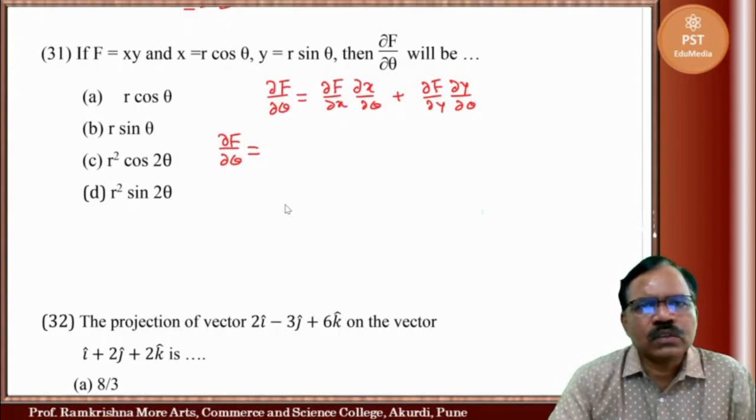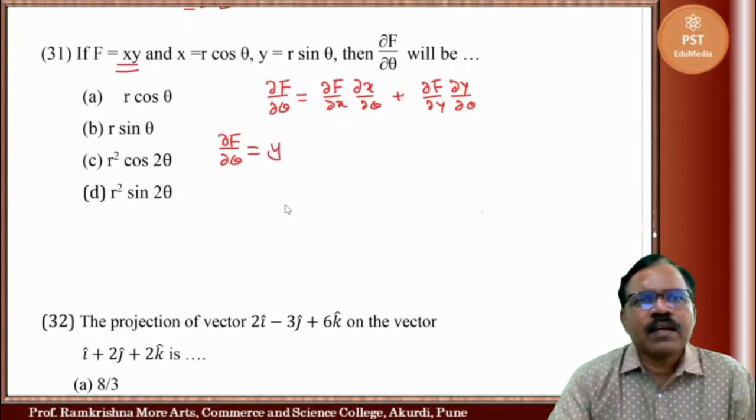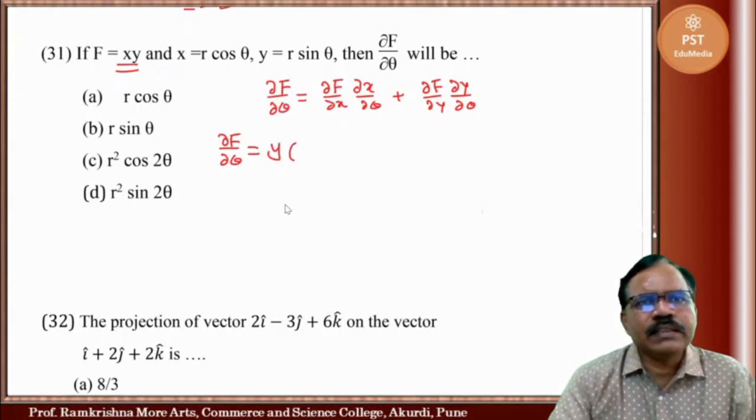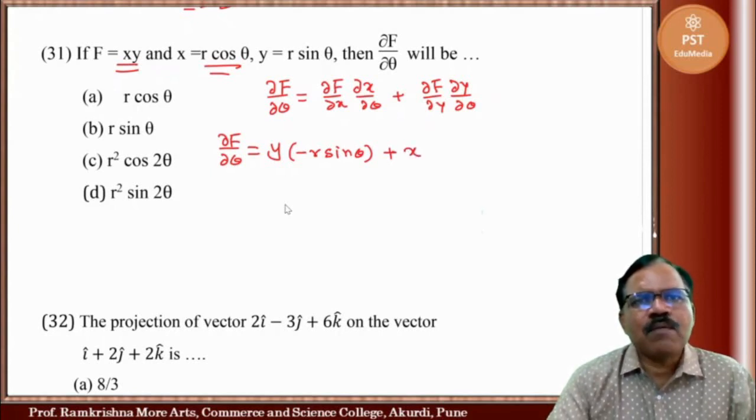It is y, because f is xy. ∂x/∂θ: x is r cos θ, so it is minus r sin θ, plus what is ∂f/∂y, that is x, ∂y/∂θ, that is r cos θ.